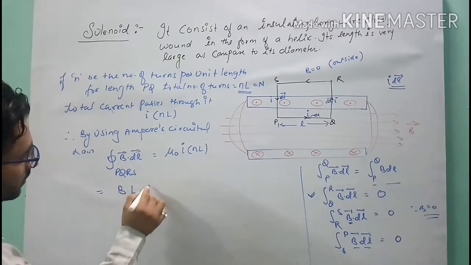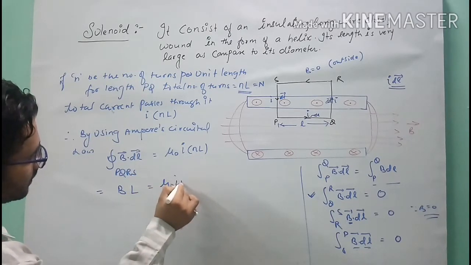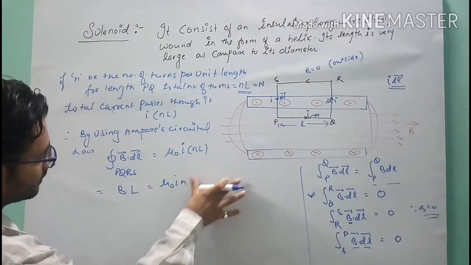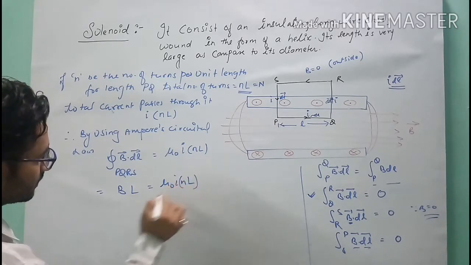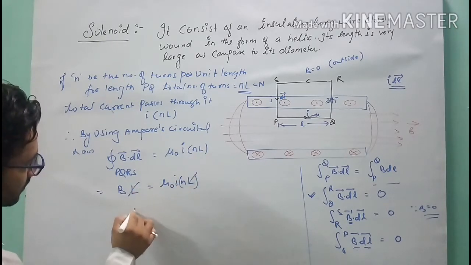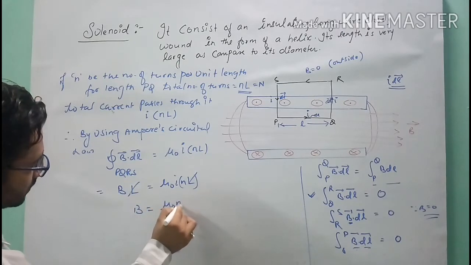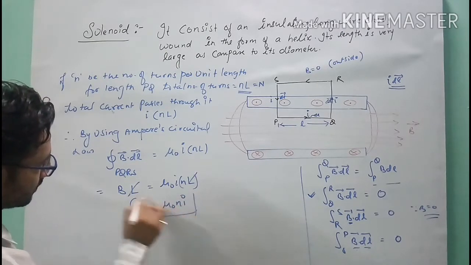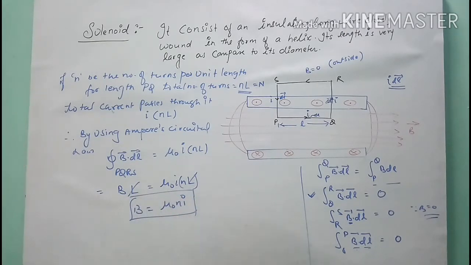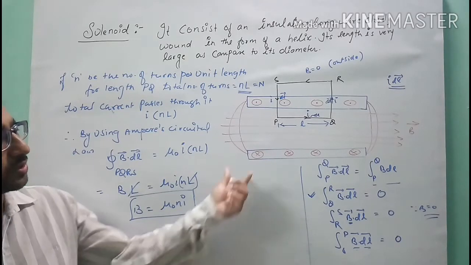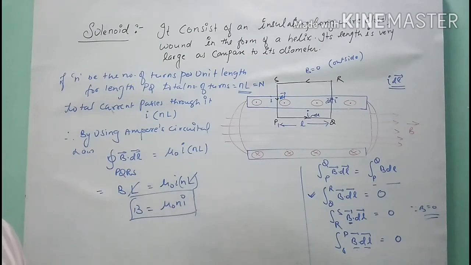It is equal to B into L, and here mu naught I n L. So L and L cancel out. B is equal to mu naught n I. Point is clear. So this is the magnitude of the magnetic field due to this solenoid. So pause the video and note down, student.